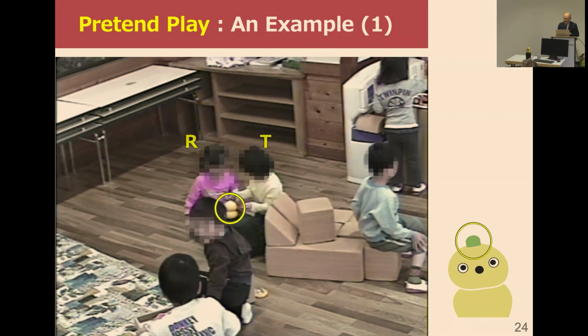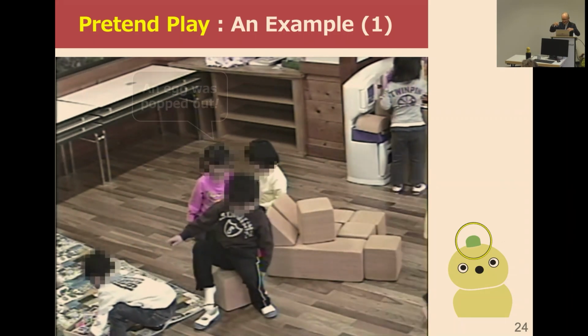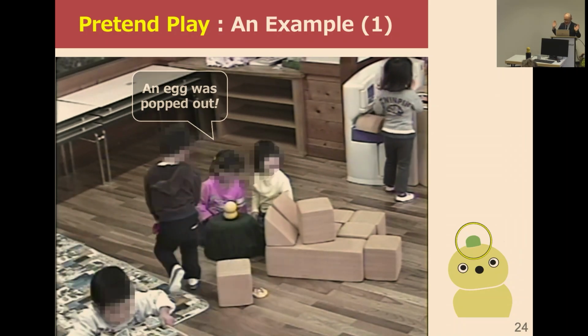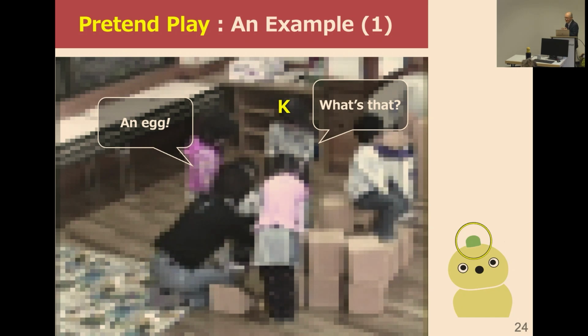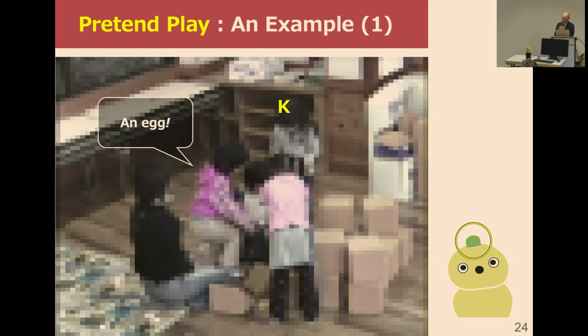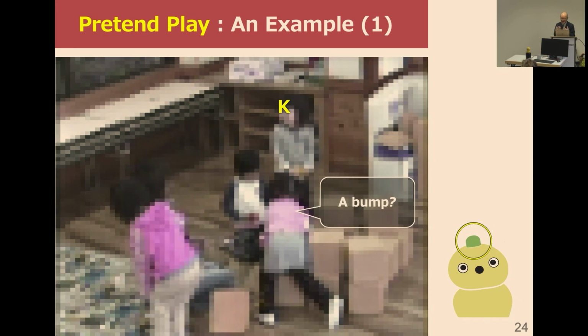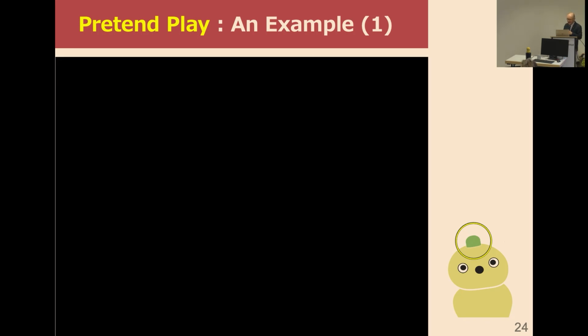Some internal parts made of plastic and metal were actually sticking out of the head, and they said that an egg had popped out or something like that. Soon after that, the other children noticed the crack in Keepon's head, so they gathered around Keepon, saying an egg, or pump, or pour, or something like that. This is the beginning of the story. Okay?